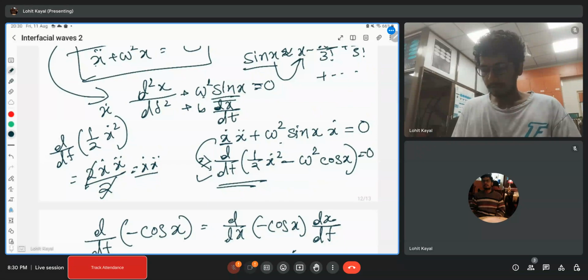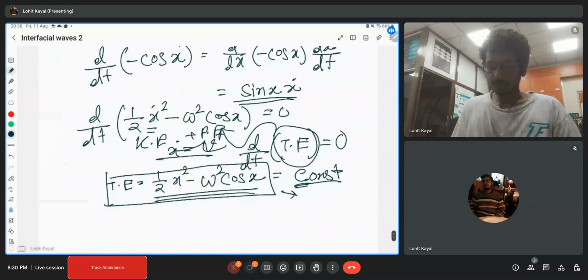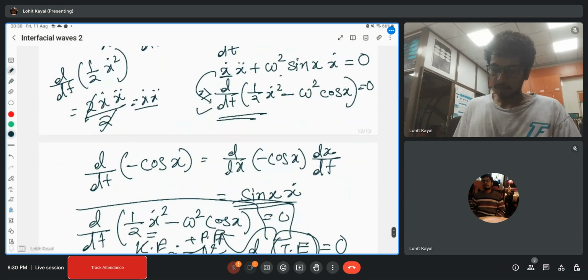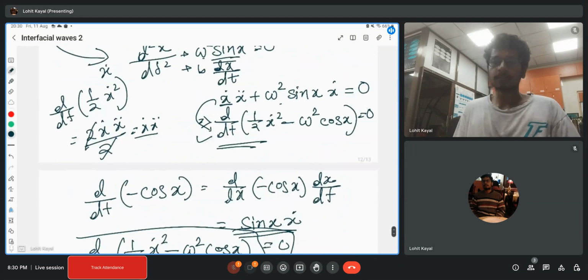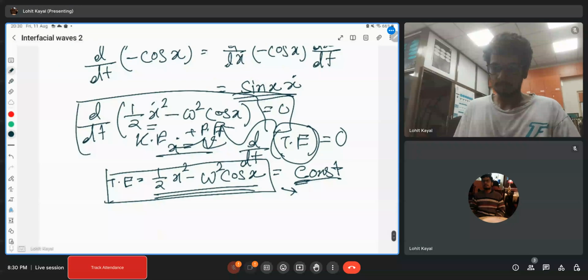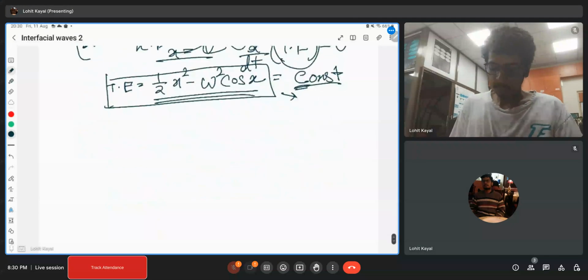Then this calculation will not be that easy. You can try that. If you have viscosity in your system, then it will be difficult to calculate energy like this.